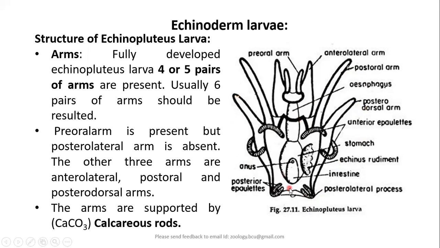As you see here, the arms are also supported by calcareous rods. Thereby the arms are stiff and ciliated, and they help the animal in active swimming. So these Pluteus larvae are comparatively more active in terms of locomotion or swimming when compared to the Auricularia group of larvae.